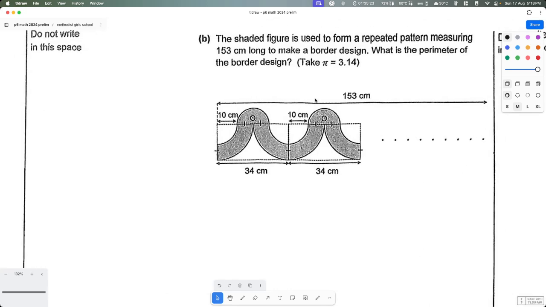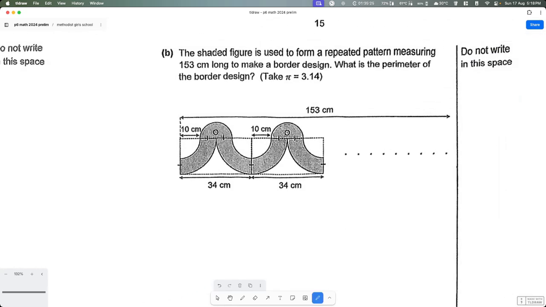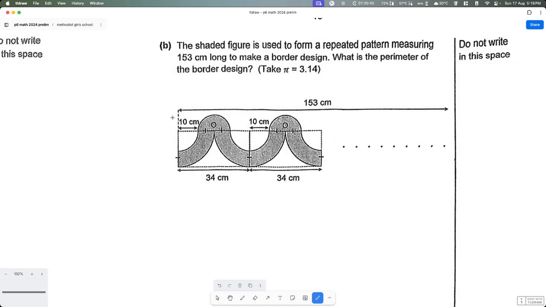Okay, the shaded figure, part B. The shaded figure is used to form a repeated pattern measuring 153 centimeter long to make a border design. What is the perimeter of the border design? This whole part over here. So we have one design over here which is 34.